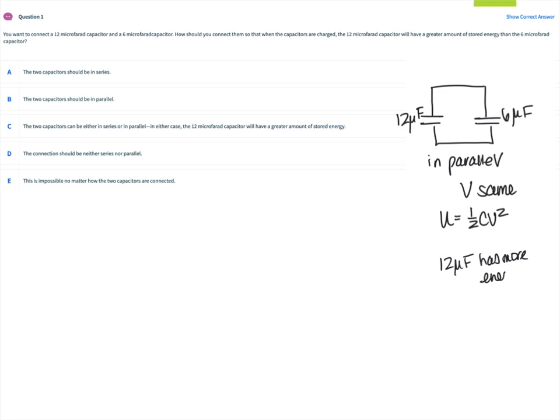So just to double check, in case, what happens in series? Let's think about that. Just to be sure, maybe it's both ways, maybe it doesn't matter. So let's imagine the two are connected in series, and just because I know they have the same charge, I'm just going to give them 24 microcoulombs because I know they have to have the same charge.